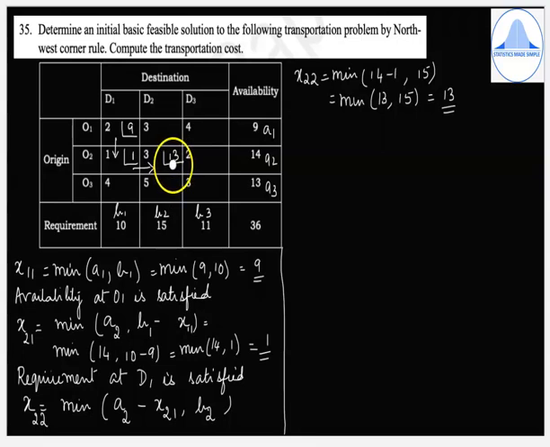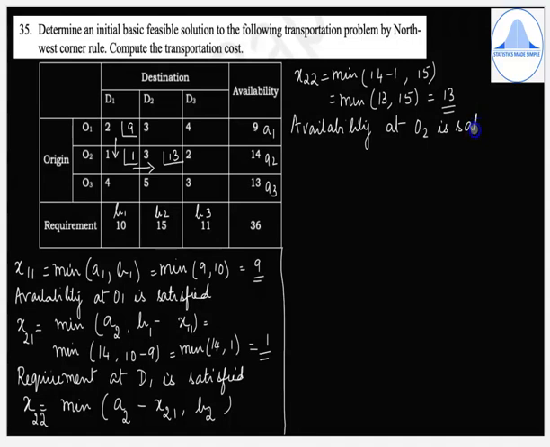Now 13 doesn't match with 14, 13 doesn't match with 15. But in this particular row, there is another allocation. So when we add 13 and 1, it matches with 14, that is the availability at O2. So we write availability at O2 is satisfied.